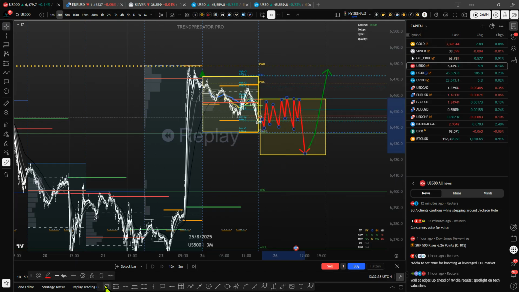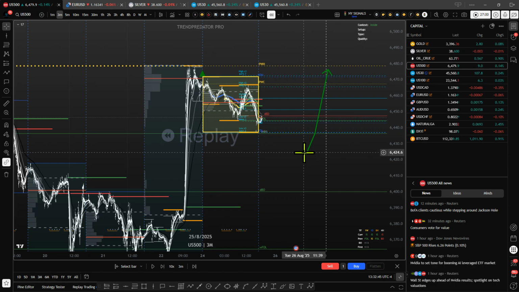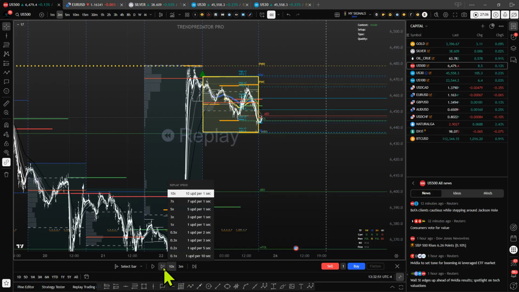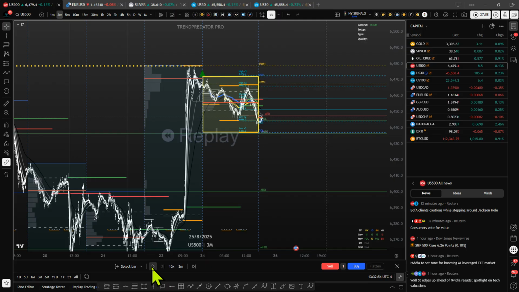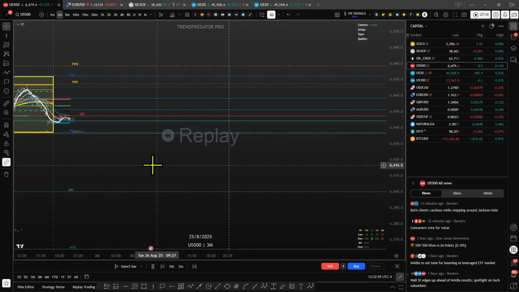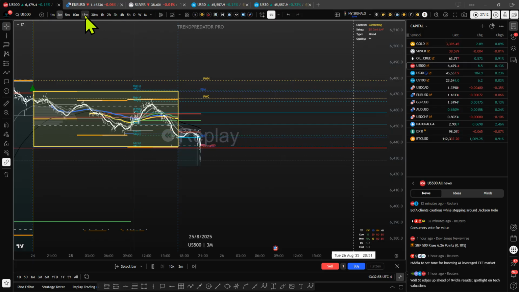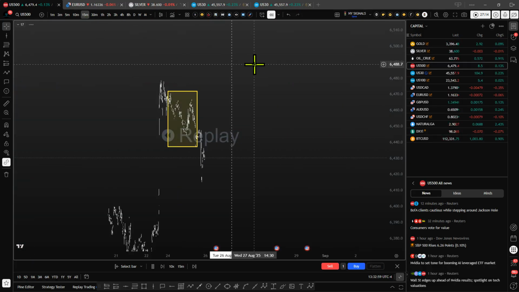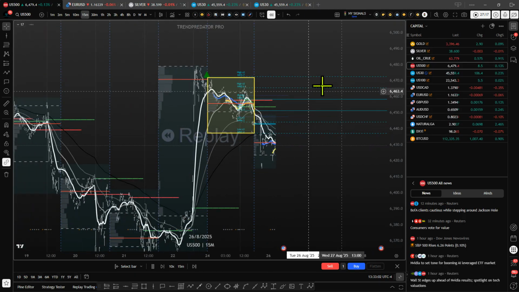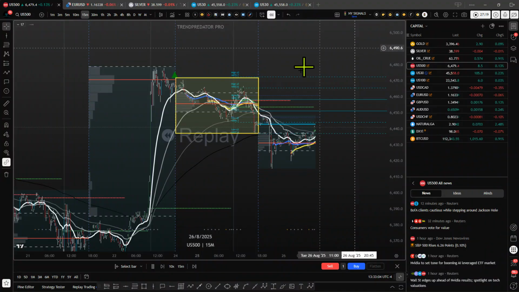So nice and easy. And then what we're looking for is an entry. In this case, we'll just monitor what the price did. Go to a 50-minute chart. Speed it up a bit. Okay, so as you can see, what's the market doing?